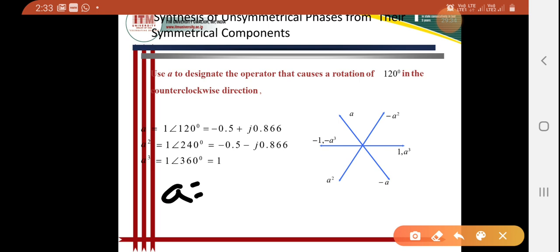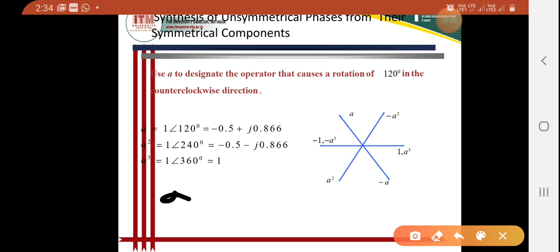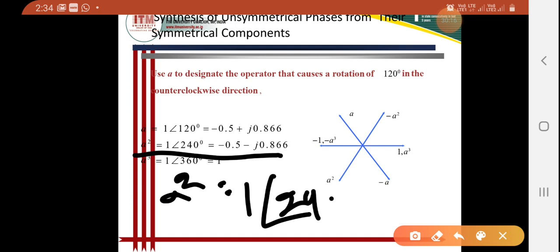So the magnitude of operator A will be 1 and the angle will be 120 degree, which can be written as minus 0.5 plus j 0.866. Similarly, A square will have magnitude 1 because it is a unit vector, and the angle will be 240 degree, so I can write minus 0.5 minus j 0.866.